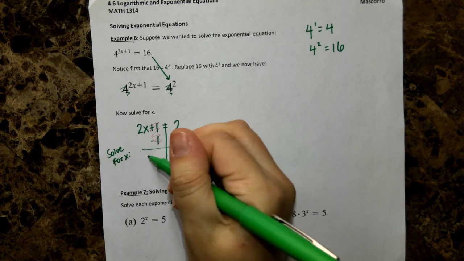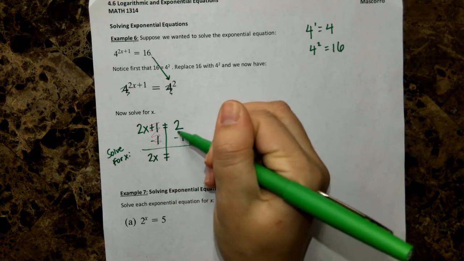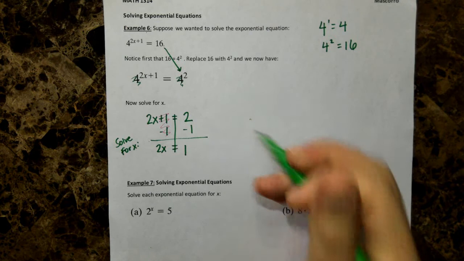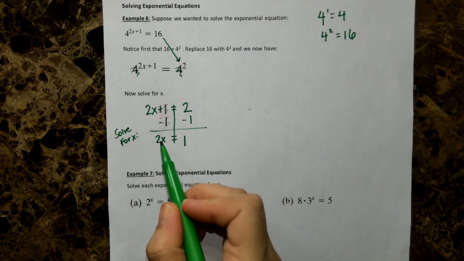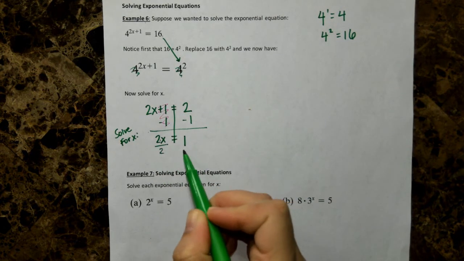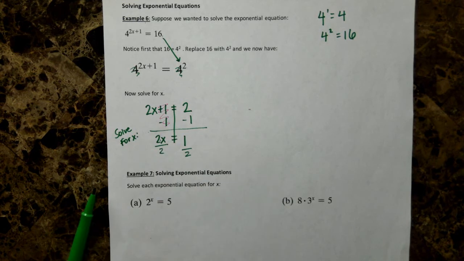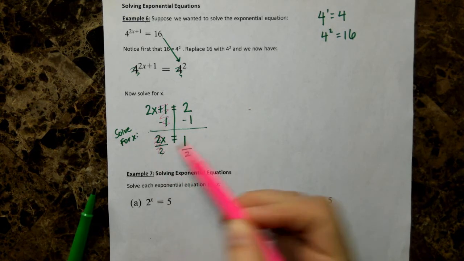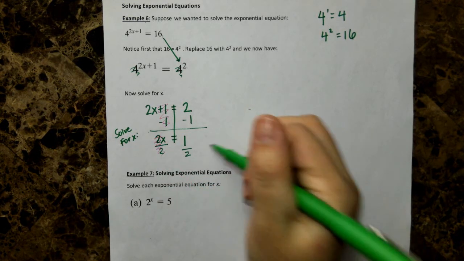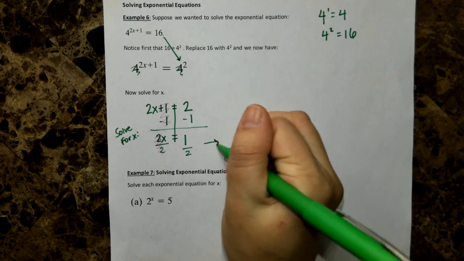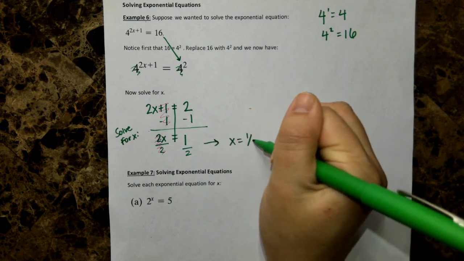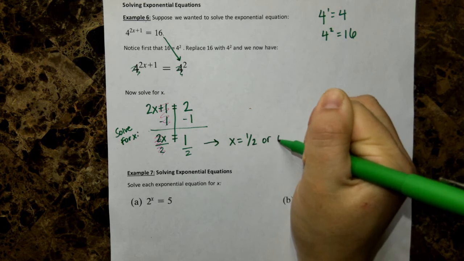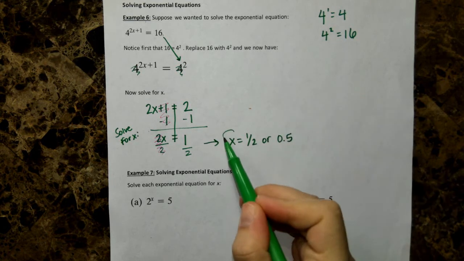And I'm left with 2x equals 2 minus 1, which is 1. And then lastly, I'm going to divide by 2. 2 divided by 2 is 1, so you can cancel it out. And x is equal to 1/2, or you can write it as the decimal 0.5.